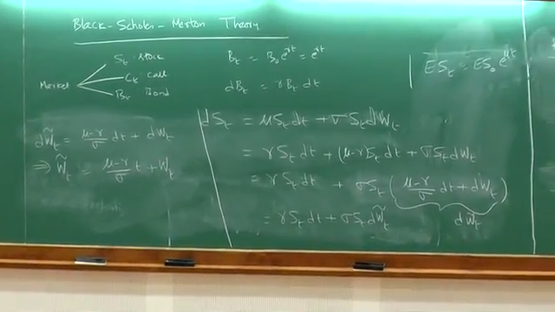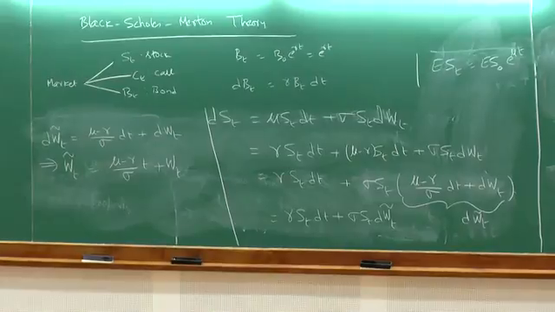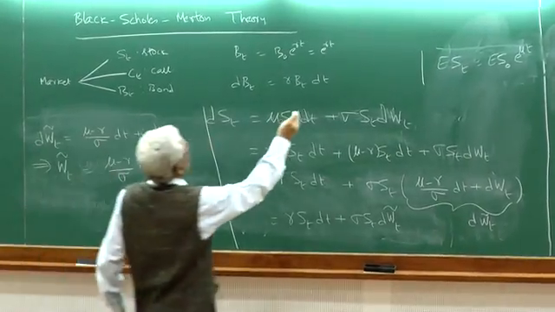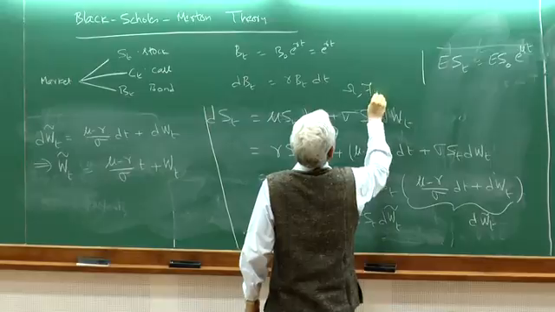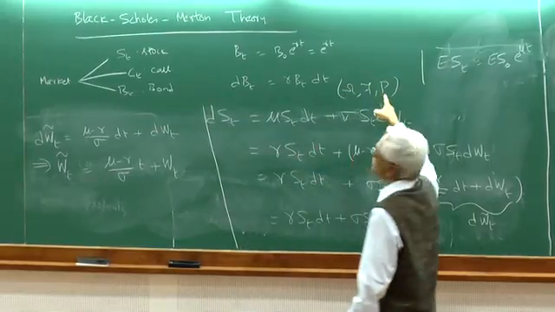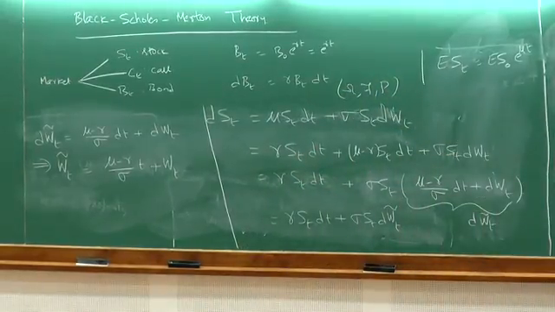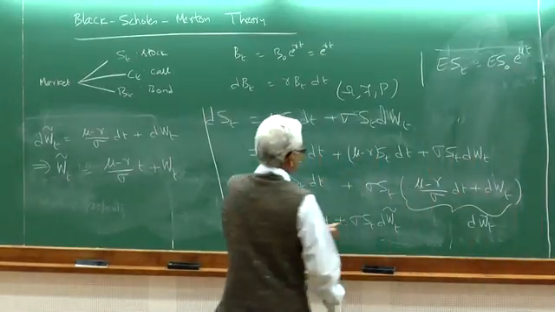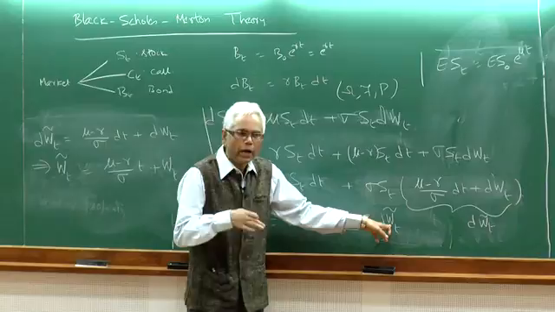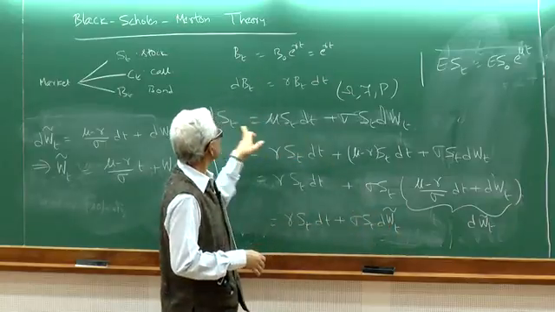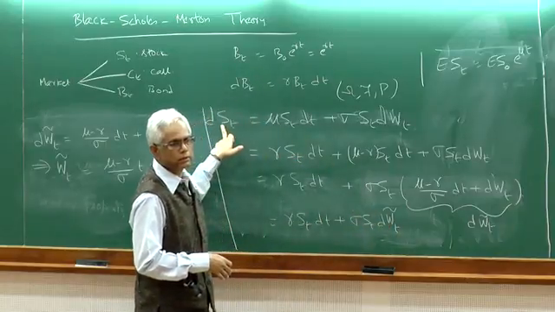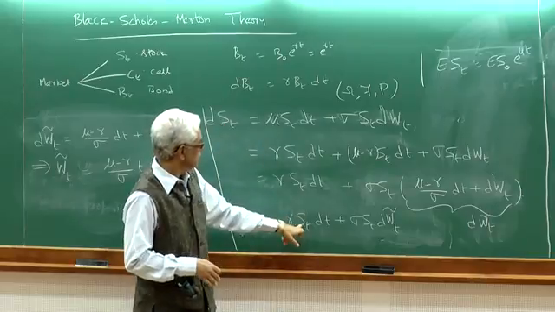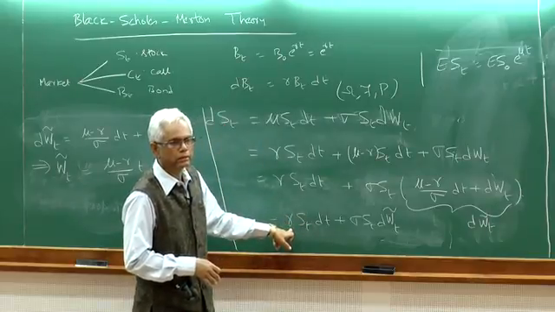Now, is W_t tilde a Brownian motion with respect to the original probability? Everything has been posed on a given probability space, right? This is the market probability space. Is W_t tilde a Brownian motion? The answer is no. But if W_t tilde were a Brownian motion, what would be the growth rate of S_t? R, right?